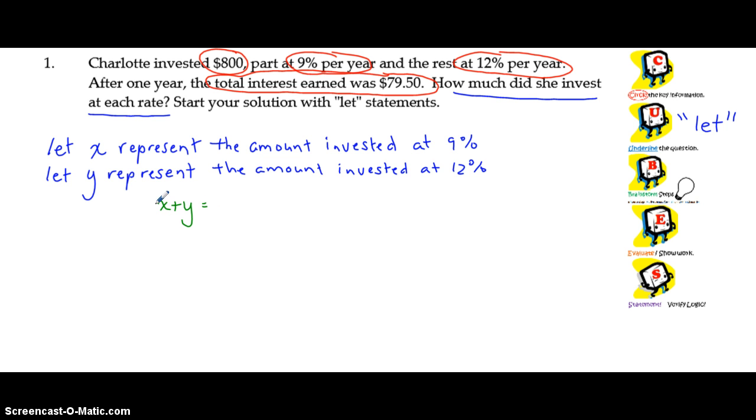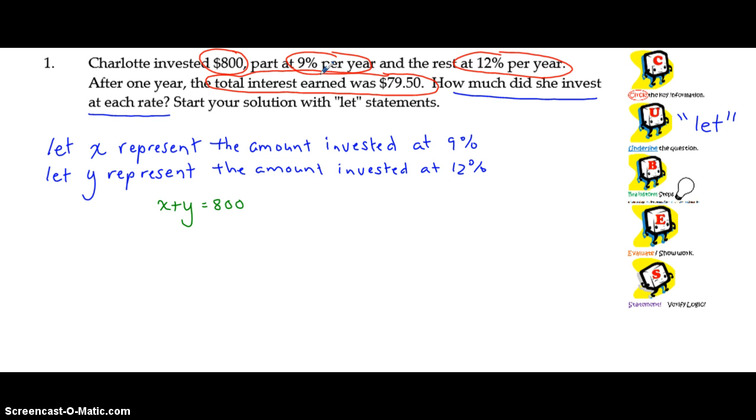So the amount of money invested at 9% plus the amount of money invested at 12%, that totaled $800. So that will always be what you start with, this X plus Y equals, and then this number here just depends on the question.